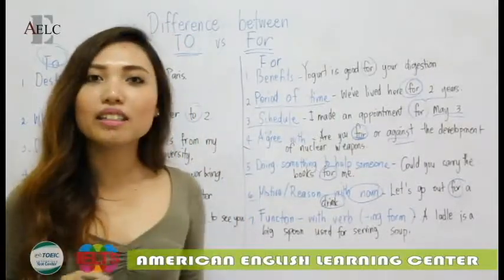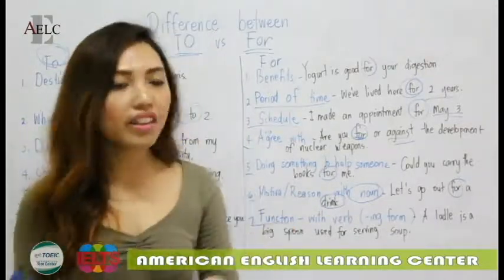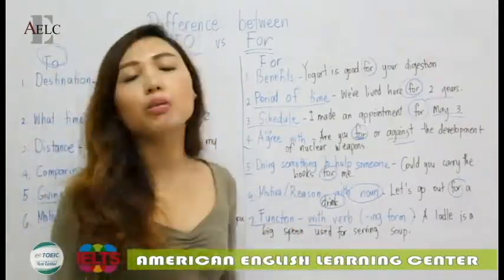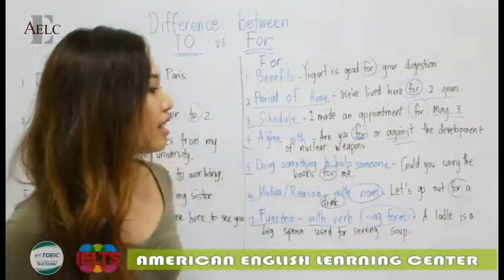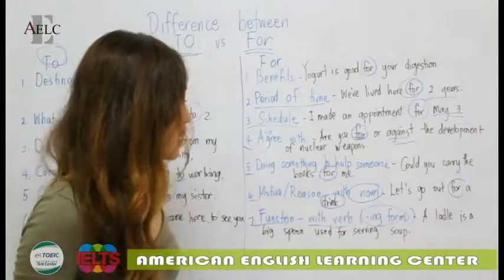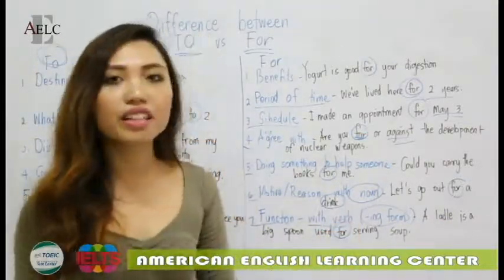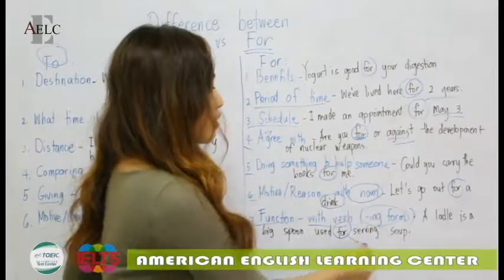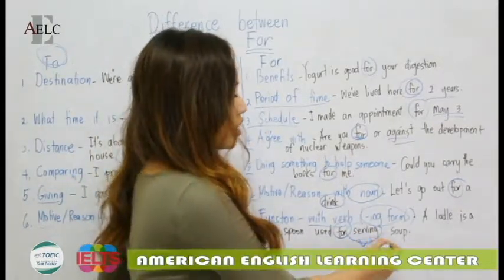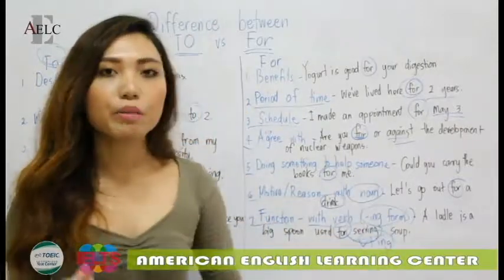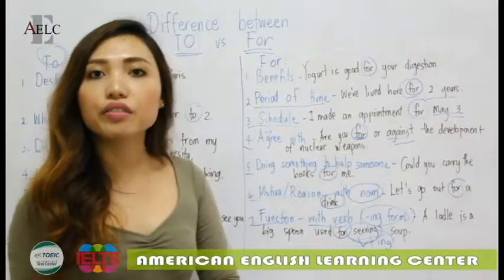And the last one, last but definitely not least, is function with a verb. Here, we usually use the ing form of the verb. For example, a ladle is a big spoon used for serving soup. Serving here is our verb, and it ends with ing. It follows right after for.